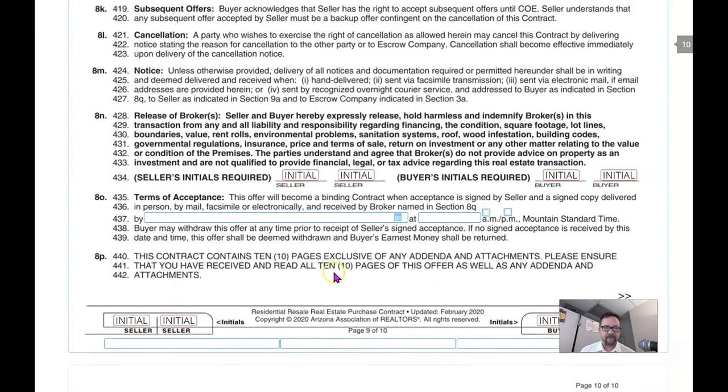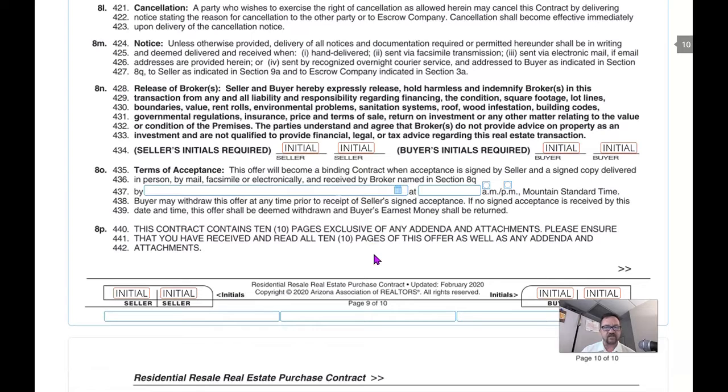Paragraph 8N. It's also in bold, and this is another CYA for the agents. Release of brokers. Sellers and buyers hereby expressly release, hold harmless, and indemnify brokers in this transaction from any and all liability and responsibility regarding financing, the conditions, square footage, lot lines, boundaries, value, rent rolls, environmental problems, sanitation systems, roof, wood infestation, building codes, governmental regulations, insurance, price and terms of sale, return on investment, or any other matter relating to the value or condition of the premises.